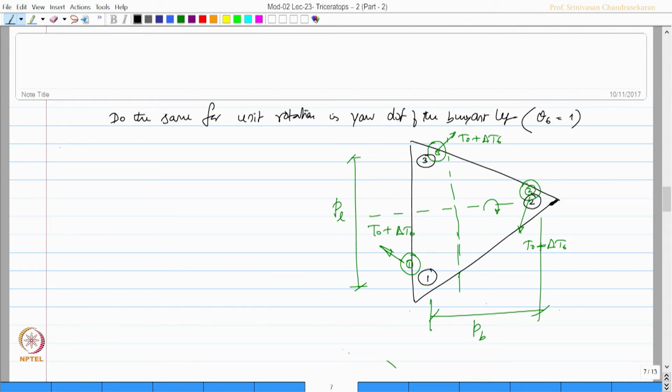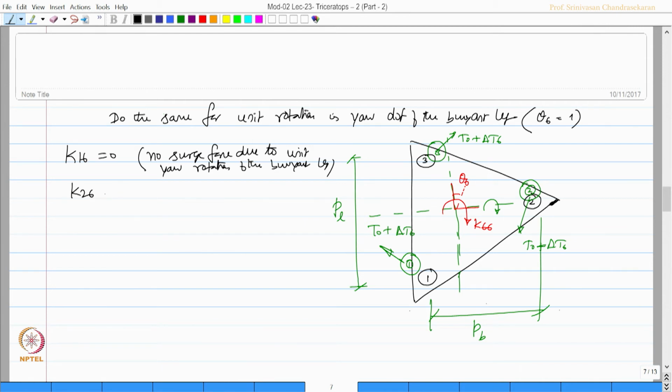Now, K16, let us say, what are the degrees of freedom we are going to mark? We are imposing theta 6 unit rotation. So, we will get K66 and further things. So, let us say K16 is 0, that is, no surge force due to unit yaw rotation of the buoyant leg.